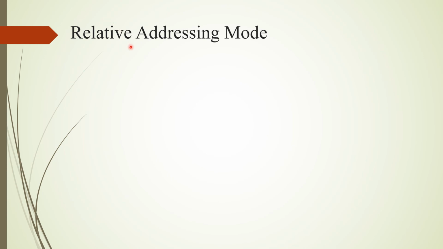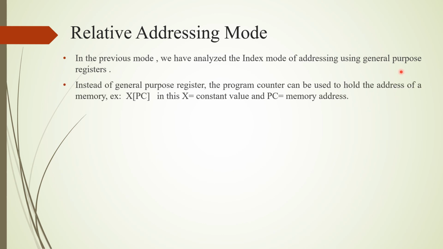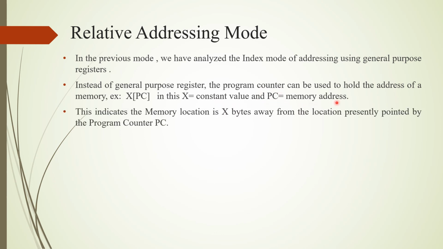Coming to the next type of addressing mode, that is the relative addressing mode. So far we have discussed the index addressing mode using the general purpose register. Instead of a general purpose register, if the program counter is used to hold the address of the memory, then such a type of addressing mode we call the relative addressing mode, and it is represented as X in square brackets with PC, where X is a constant value and PC, the program counter, holds part of the memory address.